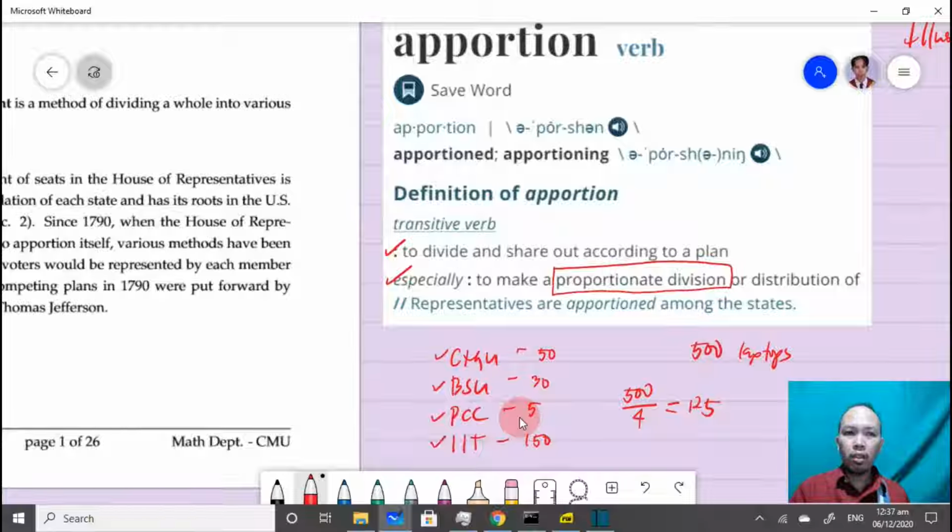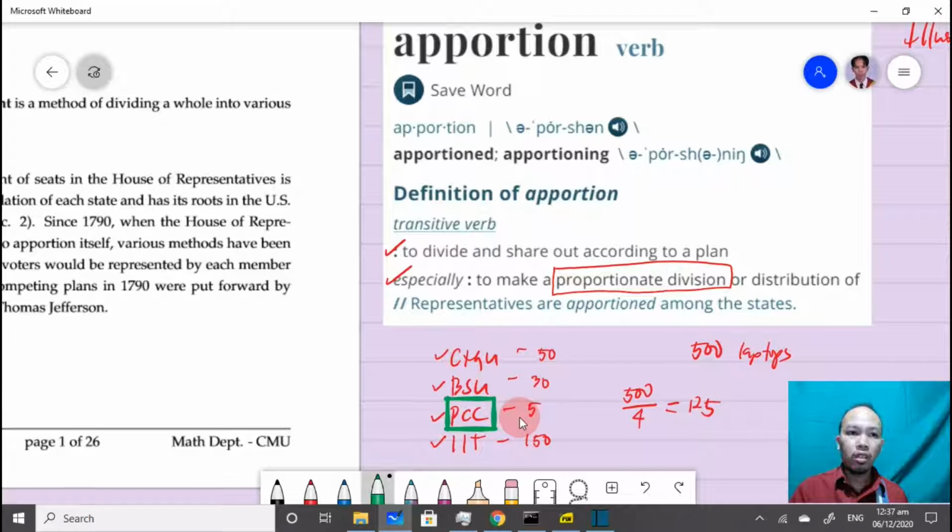As you have noticed, if you are going to divide it this way, then the PCC only has 5 teachers.